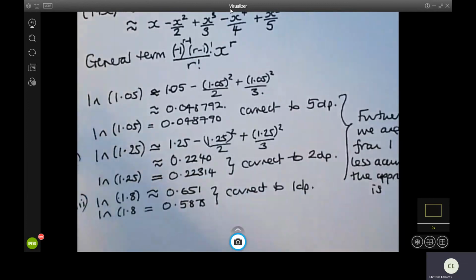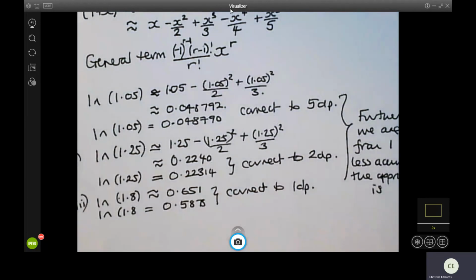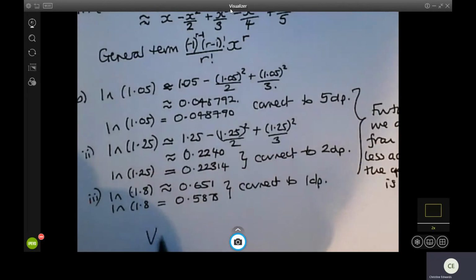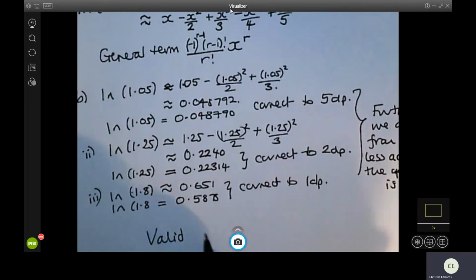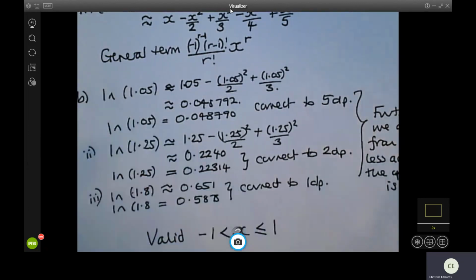And what we have is Maclaurin series, depending on the function, is only accurate for certain values of x. In the case of log of 1 plus x, the Maclaurin expansion is valid for minus 1 less than x less than or equal to 1, and that's its validity range.